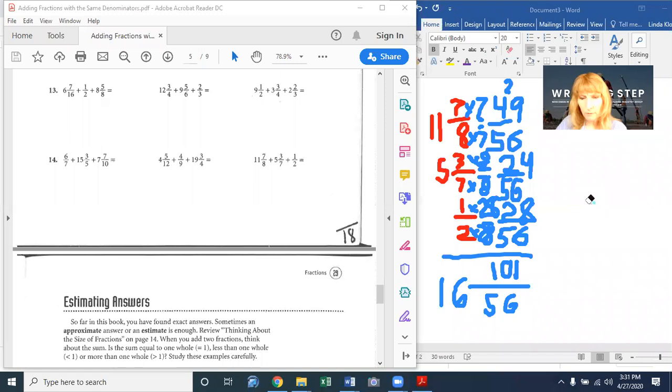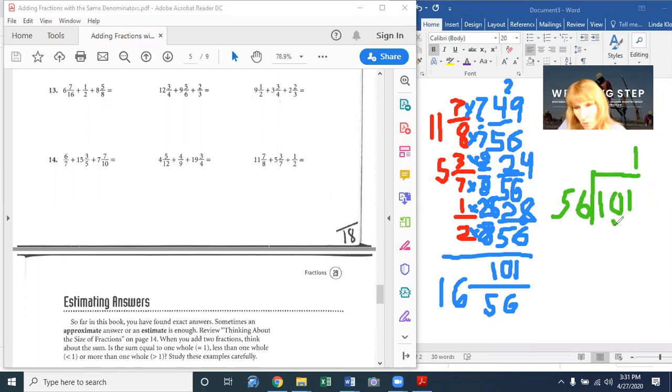So I'm going to have to fix that by, change my colors, taking 101 on the top, on the inside, the top number on the inside, and 56 on the outside. Well, we know that it'll only go in there once, right? If I was to multiply 56 times 2, I'm going to get 112. So only one time.